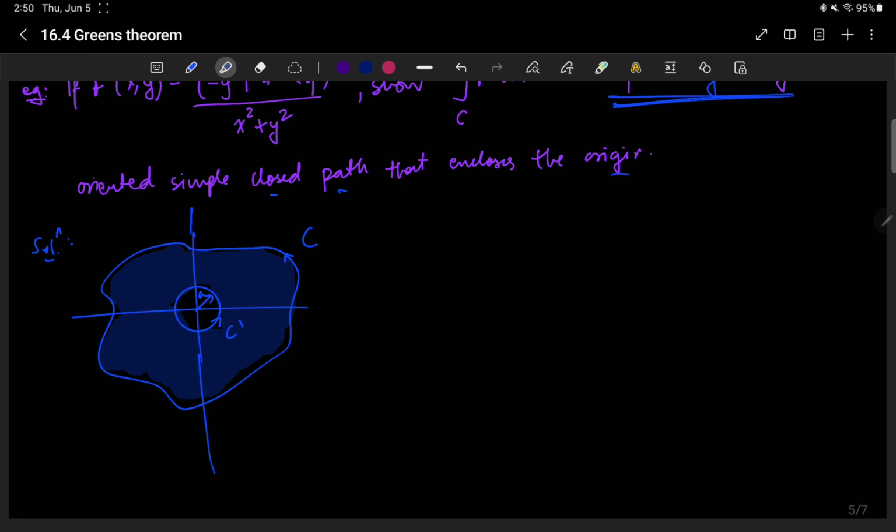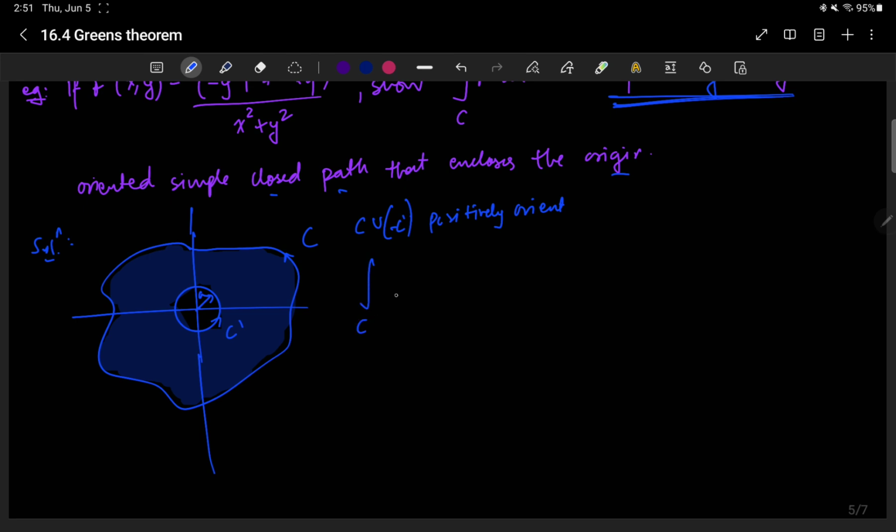And we will see what we can do with that. So if you look at C, C union C prime is not positively oriented, but C union negative C prime is positively oriented.